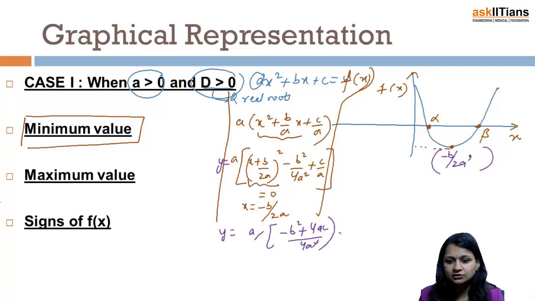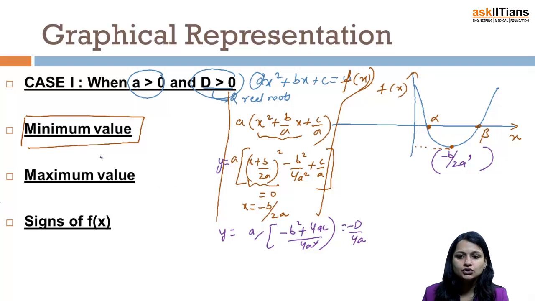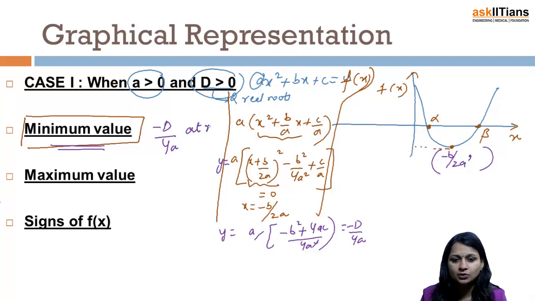This gets cancelled, so this comes out to be −D/4a. So the minimum value will be −D/4a, and this occurs at x = −b/2a. Very important.